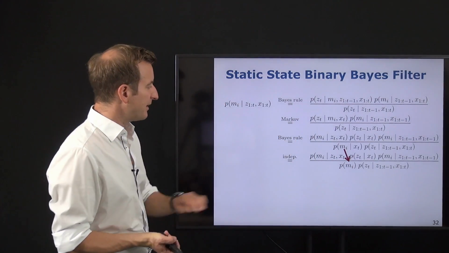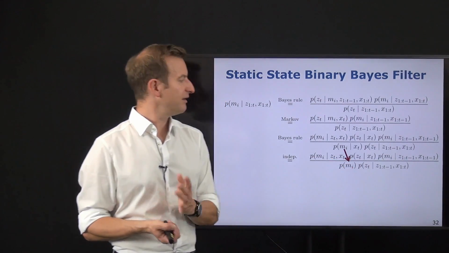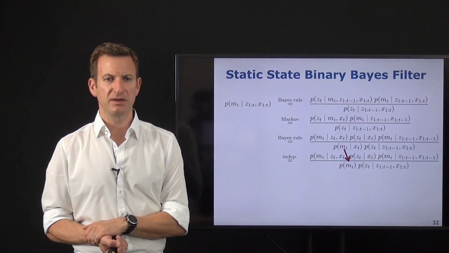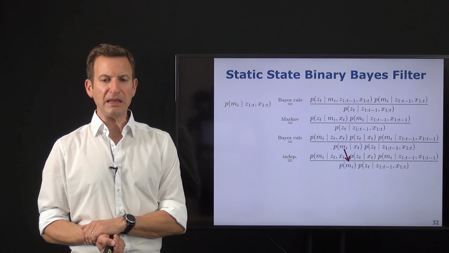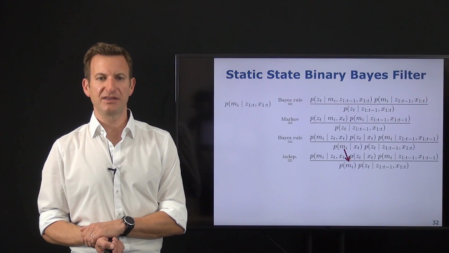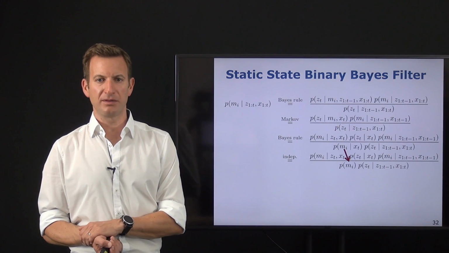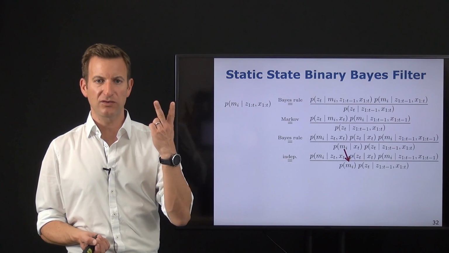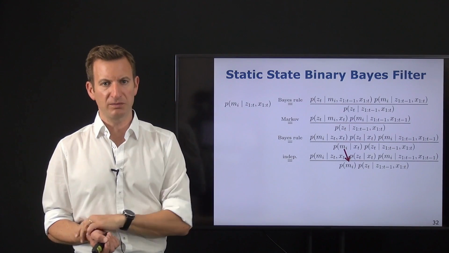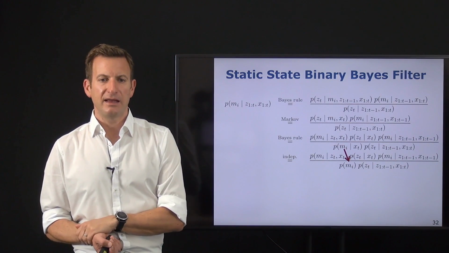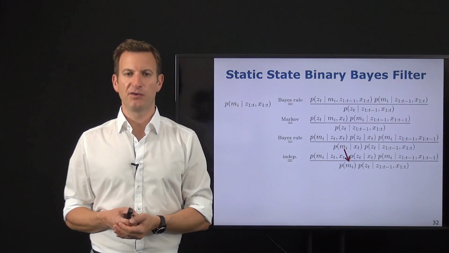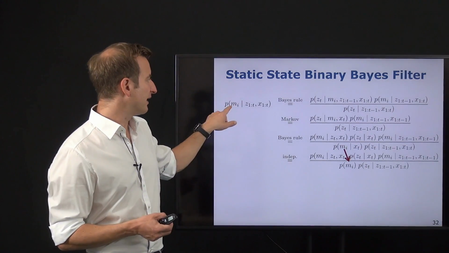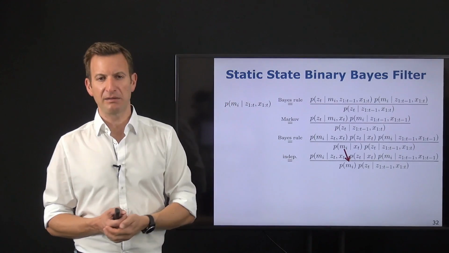Okay, so I have now my simplified equation, but I still have a few terms which are hard for me to estimate. What I haven't exploited so far is the fact that it's a binary random variable. This variable just has 2 states, occupied or free. There are just 2 possibilities. And I can exploit that now by doing exactly the same derivation for the opposite event, so for the cell not being occupied, the probability of the cell being free.